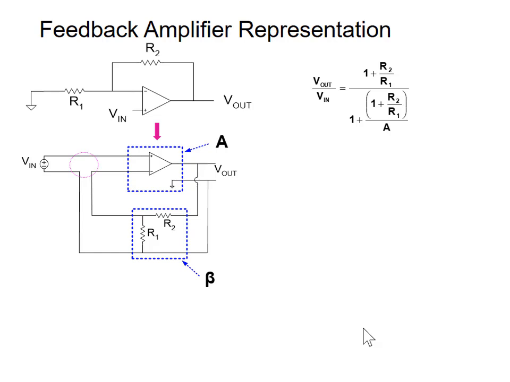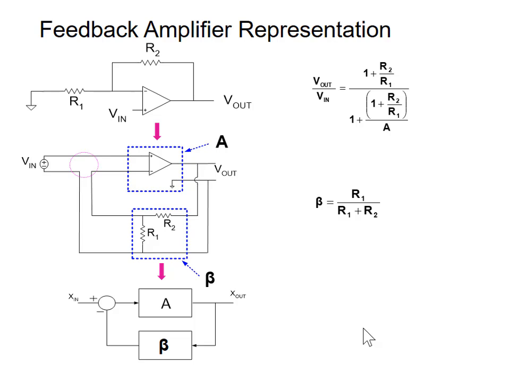So I've drawn this circuit on the top as a standard feedback amplifier per the approach of Black in the 20s and 30s. Okay. So the beta we said was R1 over R1 plus R2, and we get exactly the same gain expression as we did just analyzing it using Kirchhoff's laws.